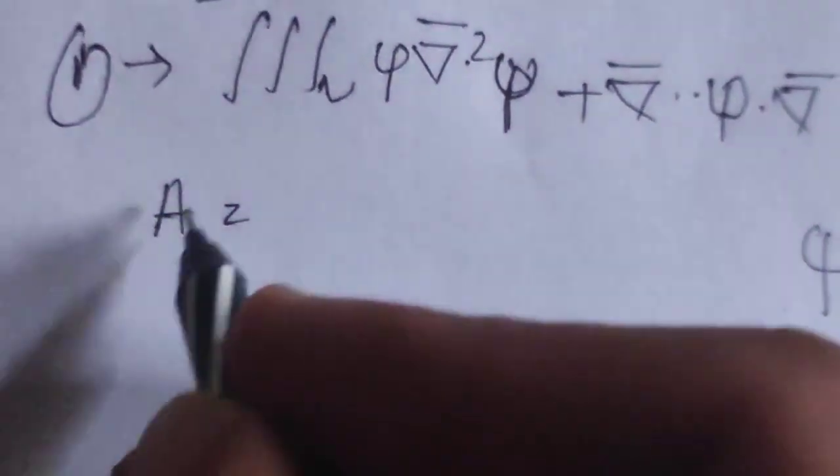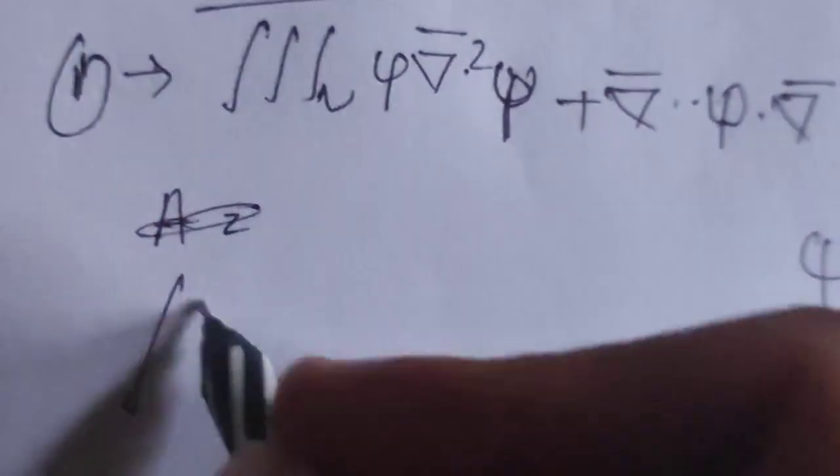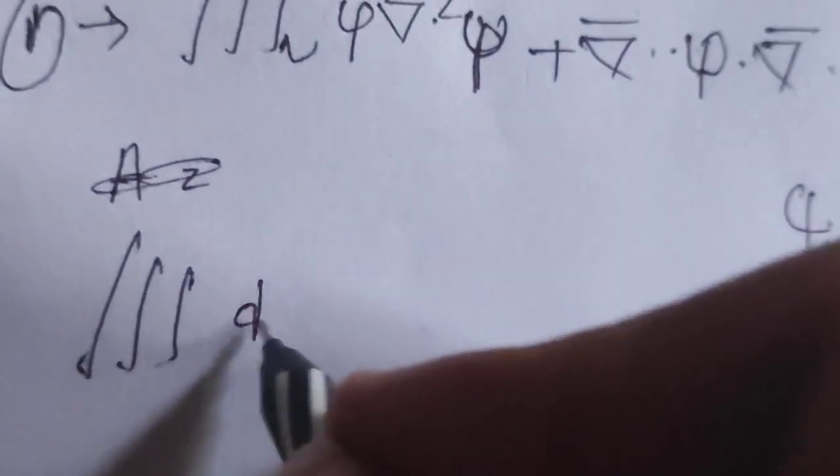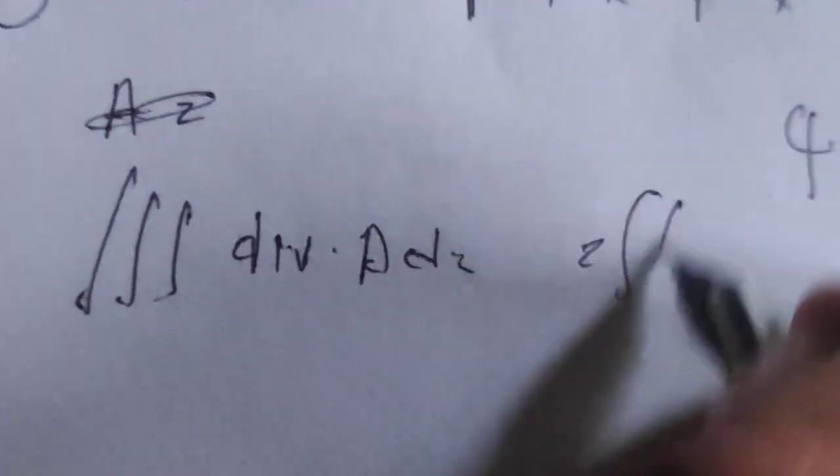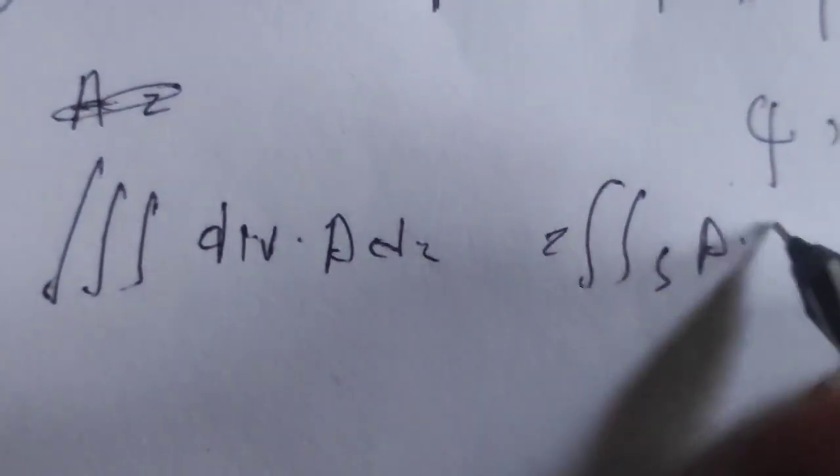Once again, the Gauss theorem says how we convert the volume integral into the surface integral: the integral of divergence A dv is equal to the surface integral of A dot ds.